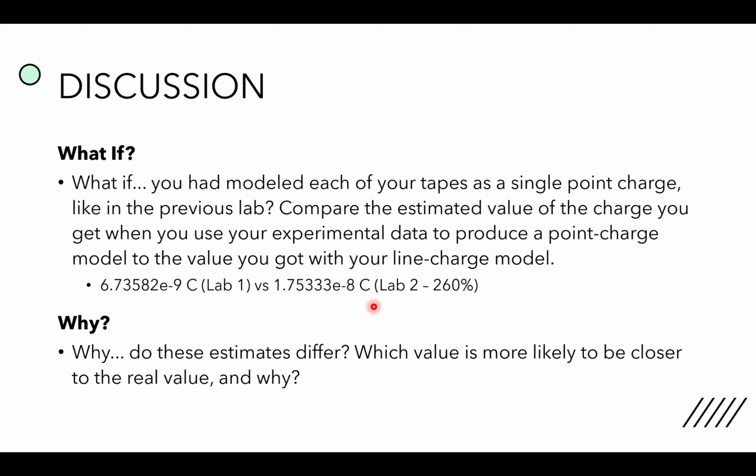Which value is more likely to be closer? It's the line charge model, since on the piece of tape there's not only one charge, there are a lot of charges, and it's most likely that they're all spread out, which more closely aligns with the line charge model.